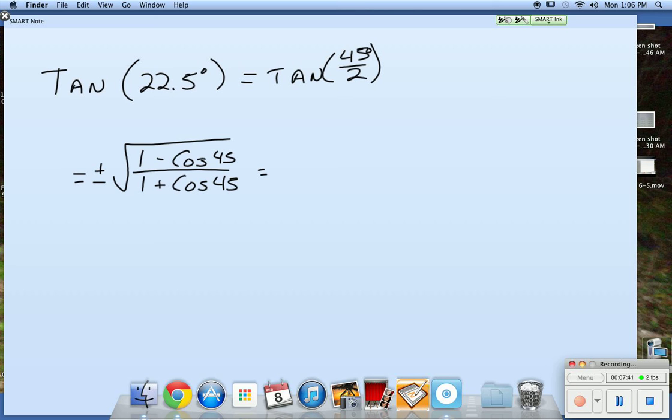Remember, 45 degree angles are 45, 45, 90, right? So cosine and sine are always square root of 2 over 2. One minus square root of 2 over 2, over 1 plus square root of 2 over 2.